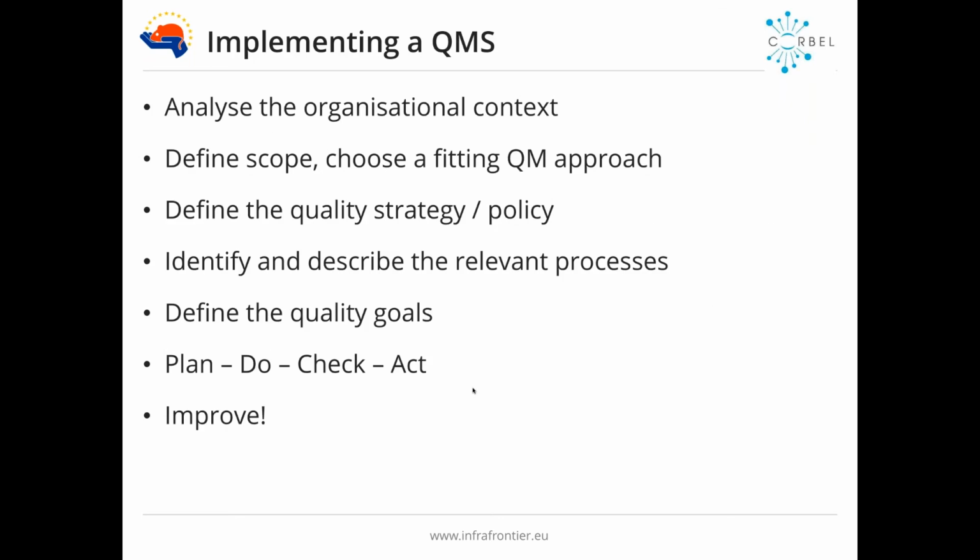The steps of implementing a quality management system in our case are to analyze the organizational context, then define the scope of the quality management system and choose a fitting quality management approach, define the quality strategy and the quality policy, identify and describe the relevant processes, define the quality goals, and then enter into implementation: plan, do, check, act, and improve.